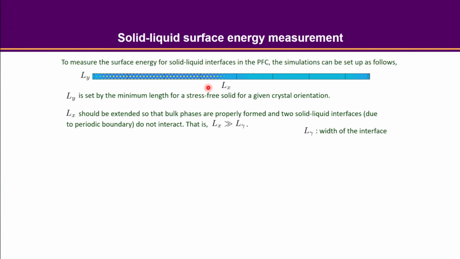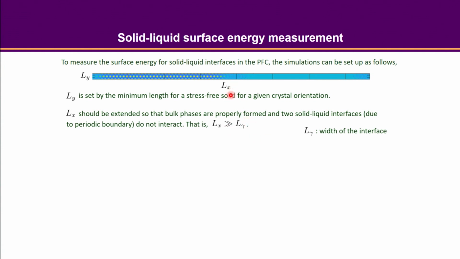So the interface width is roughly, I would say, 5 to 7 atomic layers, all right? And so if I want to have a system for solid-liquid coexistence, I will try to have the dimension at least be much larger than the interface width.